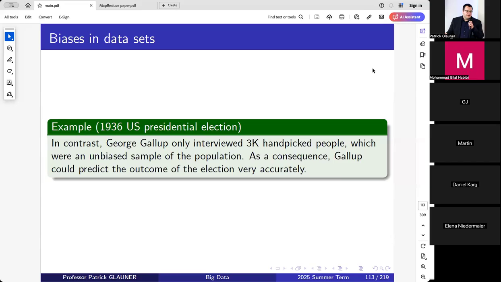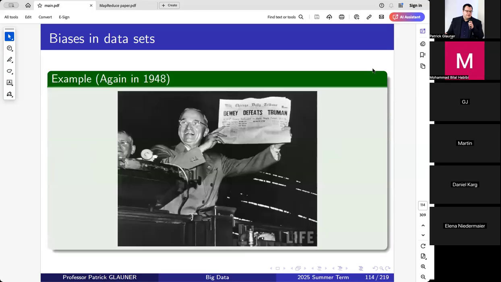One consequence was very clear. The Literary Digest disappeared very quickly. No one wanted to buy that one anymore because they were so wrong. And these predictions turned out to be wrong again. For example, in 1948, Truman was running for re-election because he became president when Roosevelt died. And then a newspaper predicted that Truman would be defeated, also from some statistical analysis.